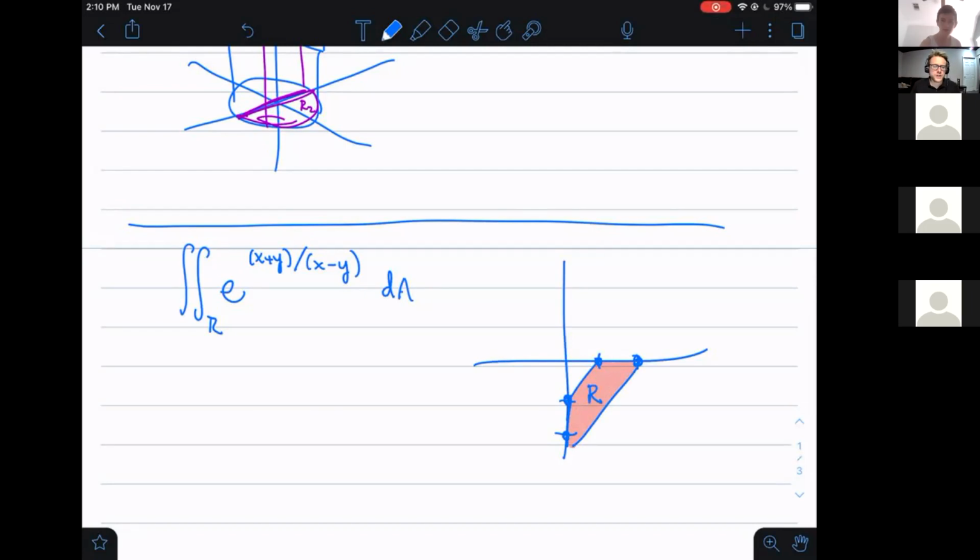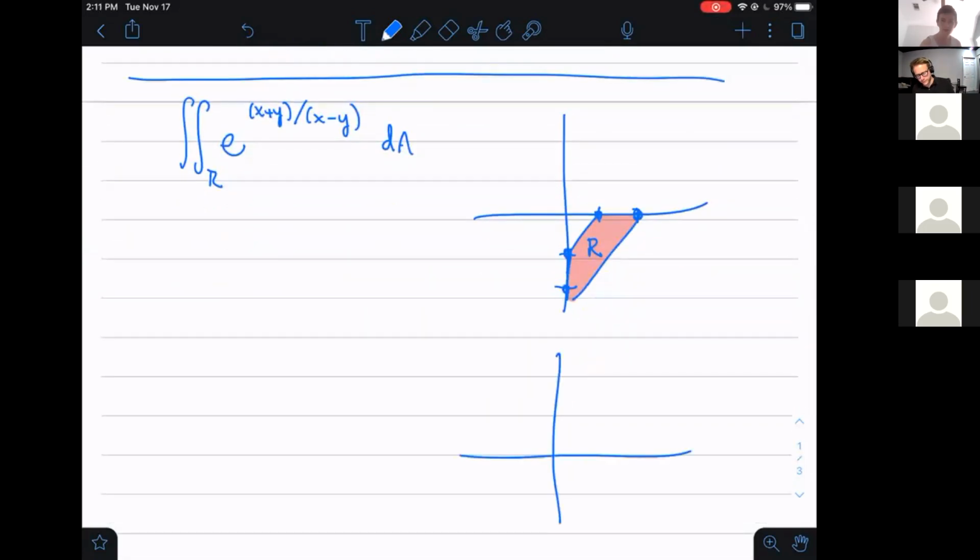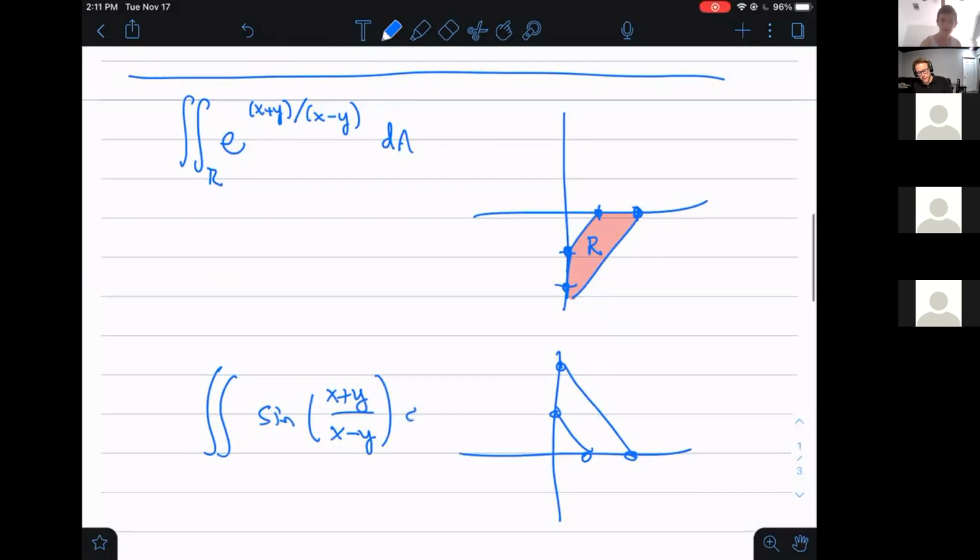You had a question in WebWork that was very similar to this. I think that the trapezoidal region was up like this, and it said to do the double integral, I think it was sine, but it could have been cosine of x plus y divided by x minus y dA. So this is a situation where you want to use your 1510 stuff, right? So this is the Jacobian and changing variables and all that.